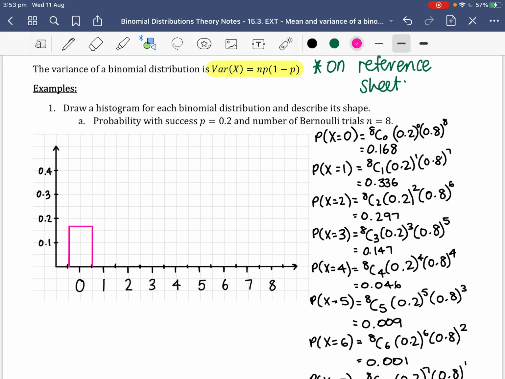Now the probability of 1 is 0.336, so that's closer to here. Probability of 2 was 0.297. Probability of 3 was 0.147.